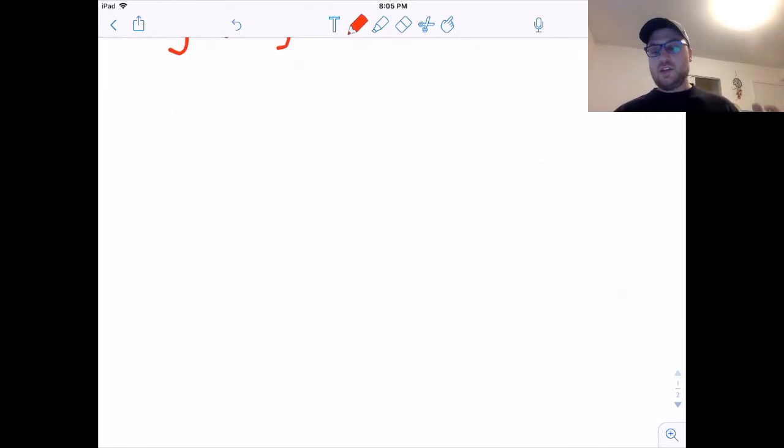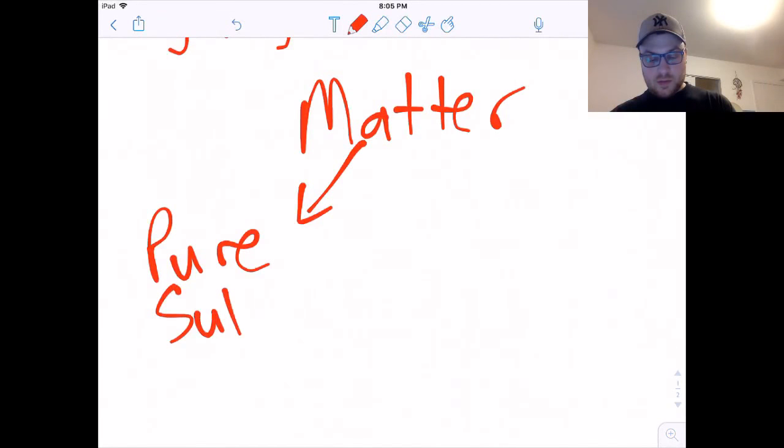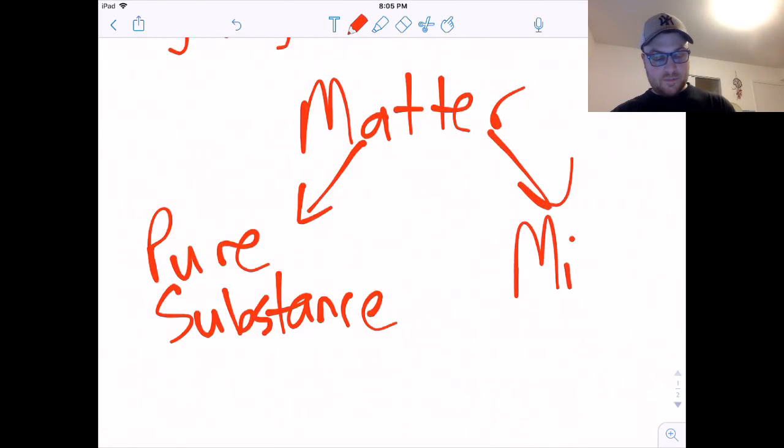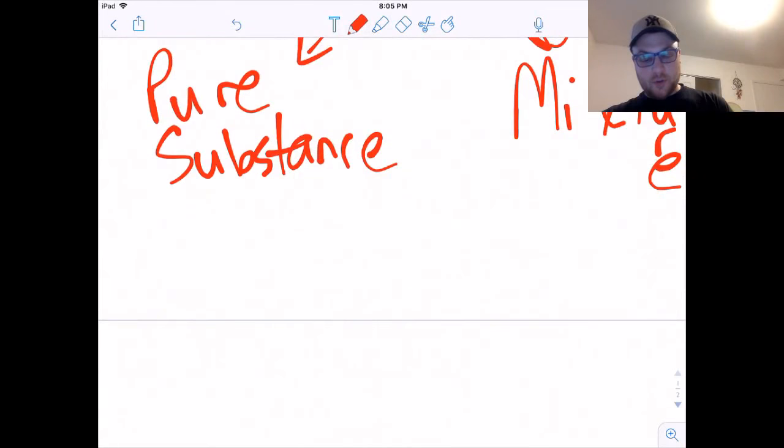So generally speaking, when we go into chemistry, we're talking about matter, which in this class we kind of just break into what we call a pure substance and a mixture. Ran out of room there. That's okay. So we have pure substances and we have mixtures. And the pure substances we break down further into two things.